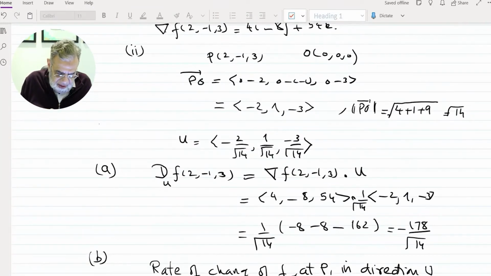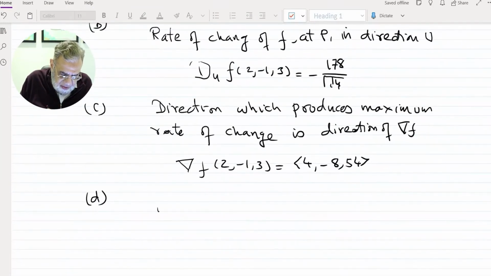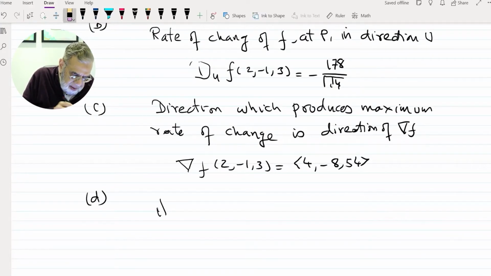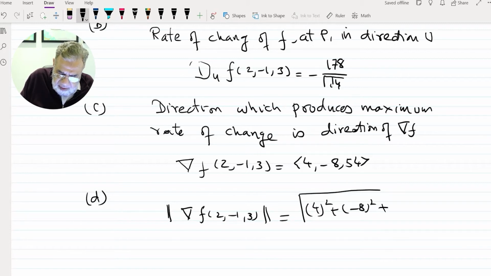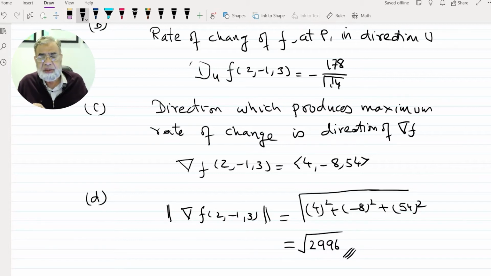So the magnitude of the gradient at the point 2, minus 1, 3 is equal to the square root of 4 squared plus minus 8 squared plus 54 squared. When we square and simplify, we get the result as 2996. So that's the complete example.